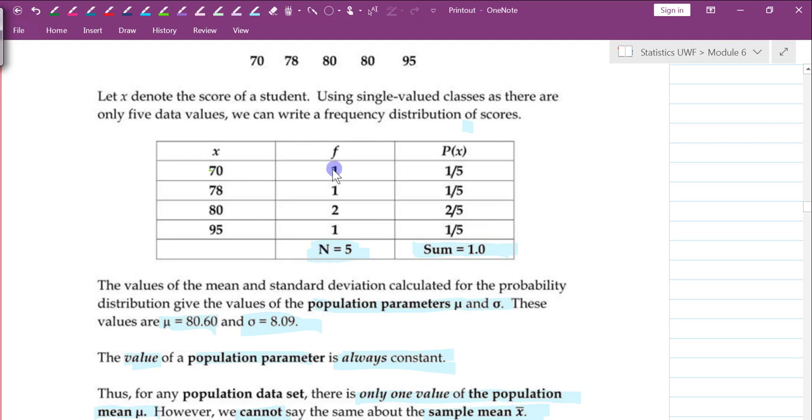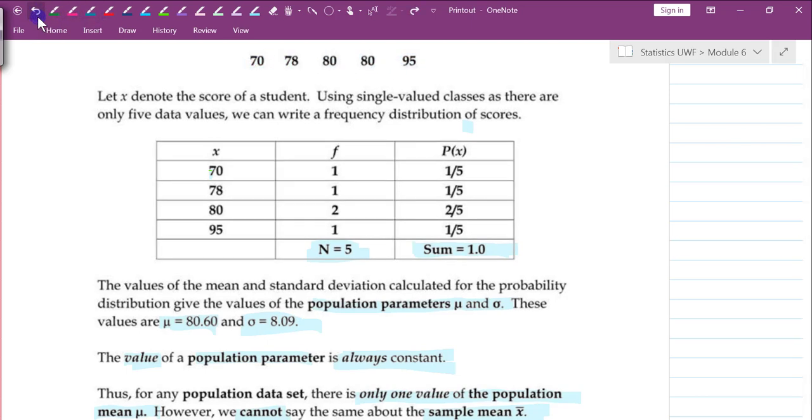Would that give me the exact same sample mean, x bar, as if I used those? No, it wouldn't. And what if I used this one, and these two? Okay, that would give me a different one also. So when you change the values that are selected, your x bar is going to change based on your sample, but your population parameter is fixed.